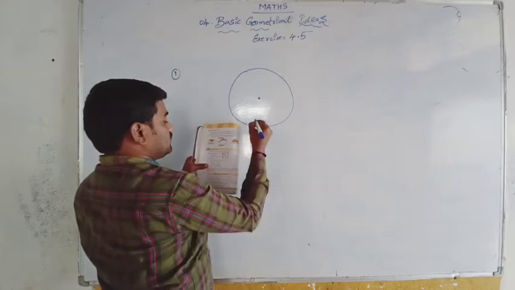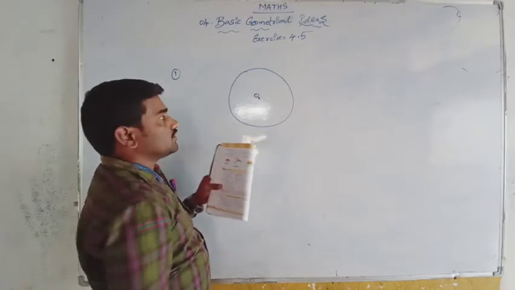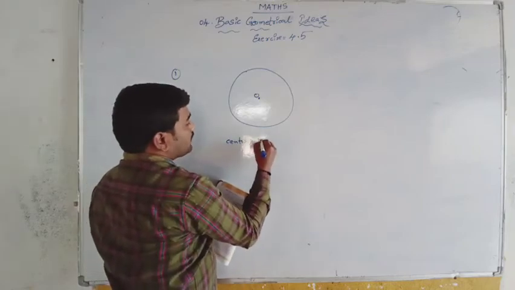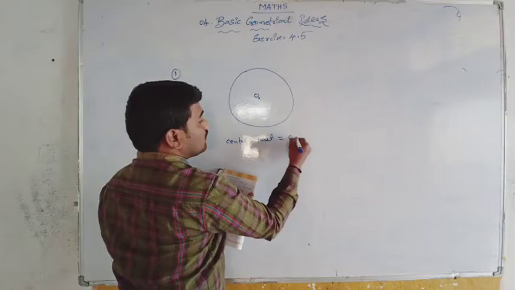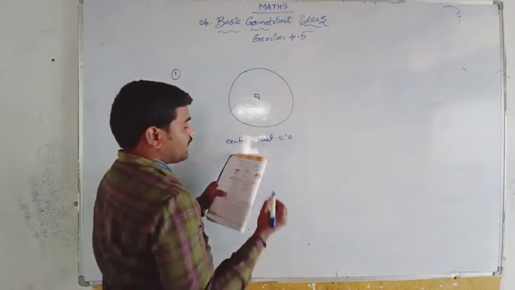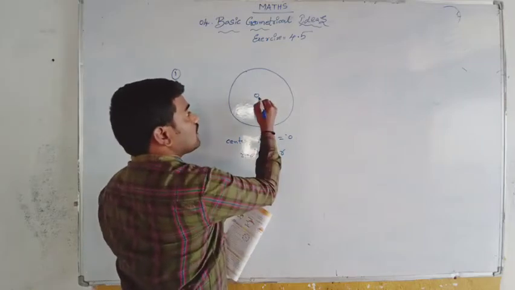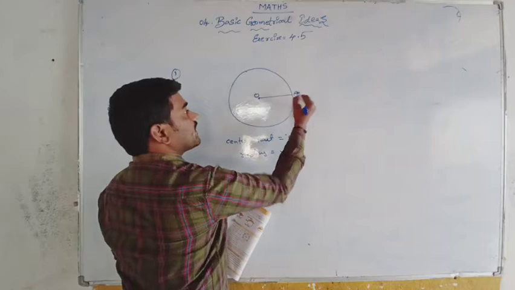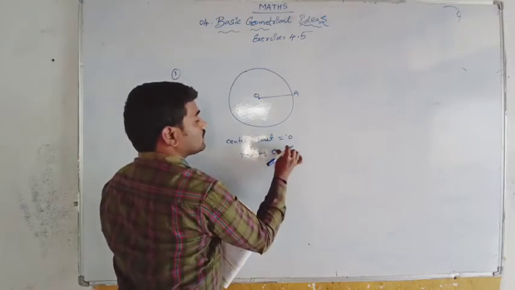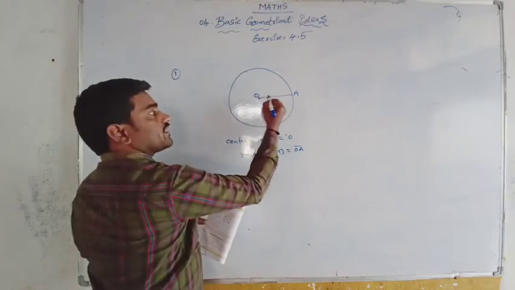Name the center point O. Then the radius: suppose this is A. Radius r equals OA. This is a radius.